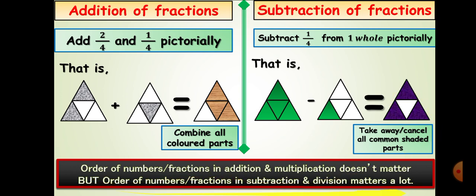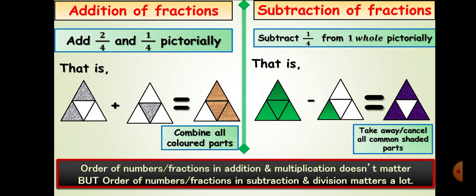I want to tell you an important thing. Don't forget this: the order of numbers or fractions in addition and multiplication does not matter, but the order in subtraction and division matters a lot.